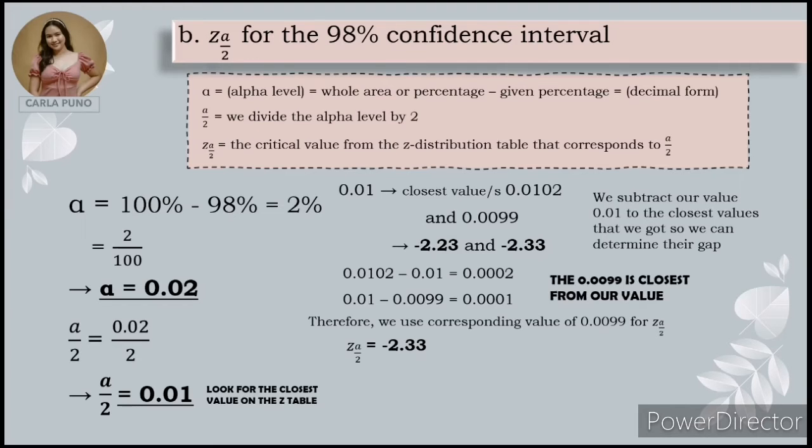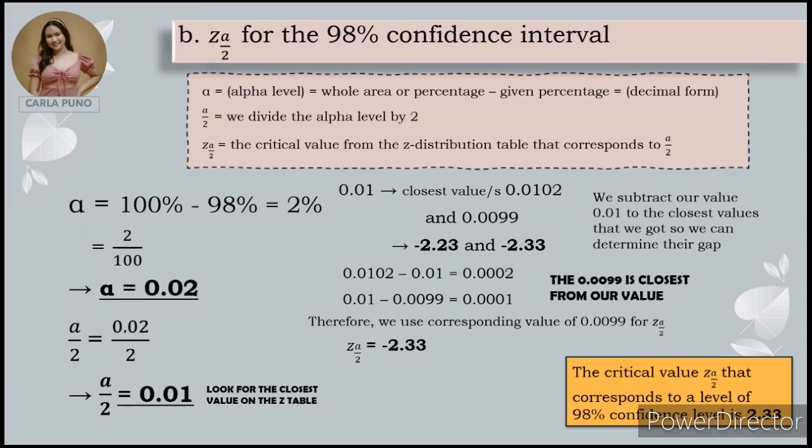Therefore, we are going to use the corresponding value of 0.0099 for z sub alpha divided by 2. We have negative 2.33. Therefore, the critical value z sub alpha divided by 2 that corresponds to a 98% confidence level is 2.33. Again, our answer will be positive.